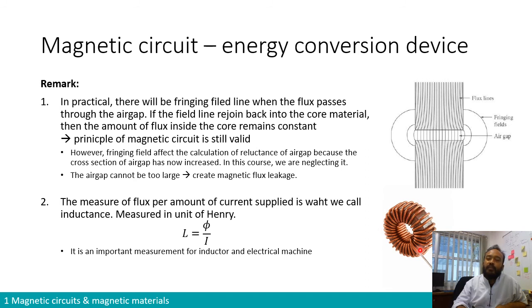If you use a mu that is higher, then you create a higher inductance. It also depends on the length of the core. If it is much tighter, then the inductance will be high as well. So this inductance is an important measurement that we'll see later in the theory of electrical machine, and it is also used in inductors for electrical and electronic circuits.